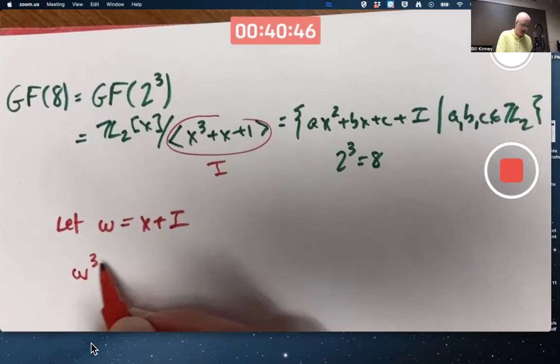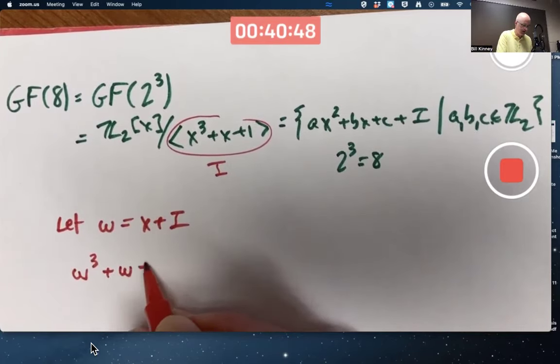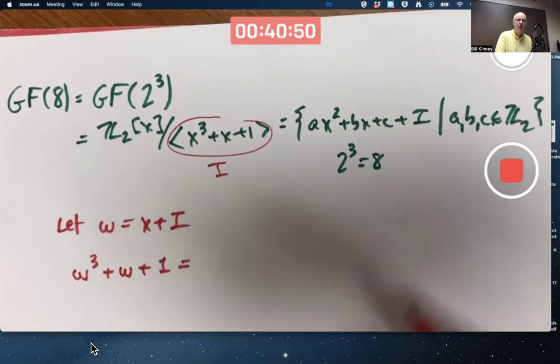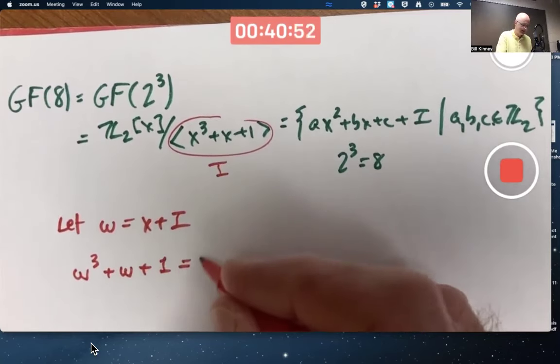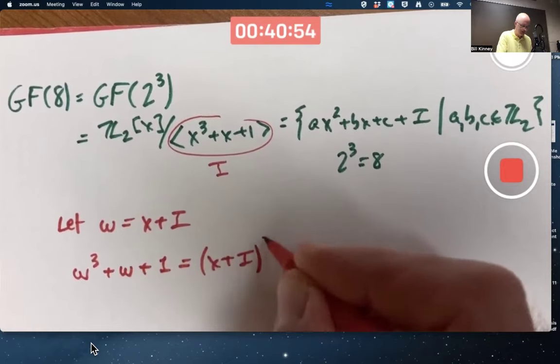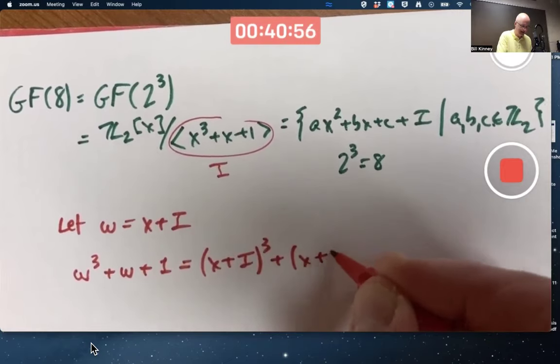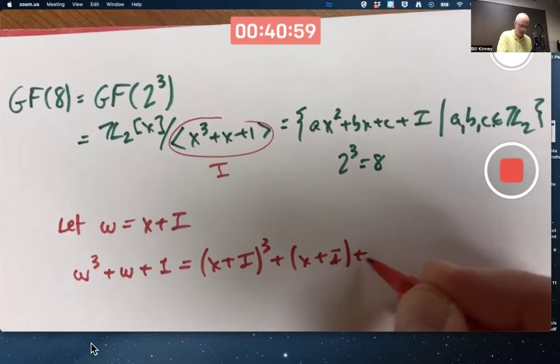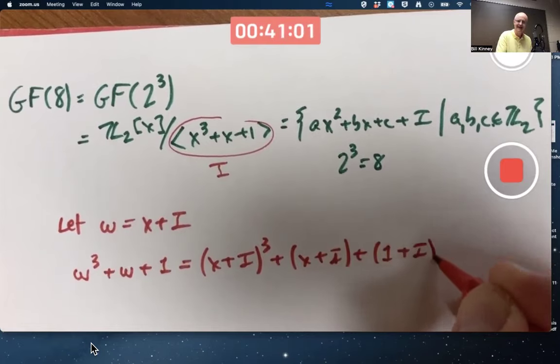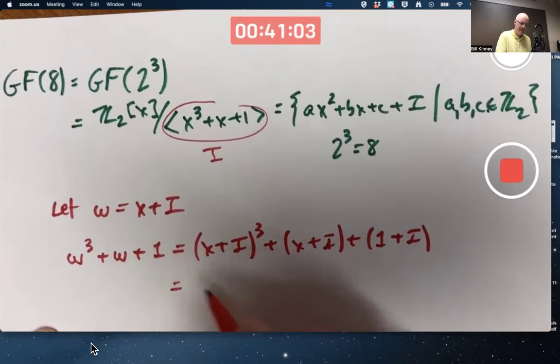Do the calculation, plug it into that polynomial. Omega cubed plus omega plus 1 really means (x plus I) cubed plus x plus I plus 1 plus I. Do those coset operations, cube this coset by cubing its representative.